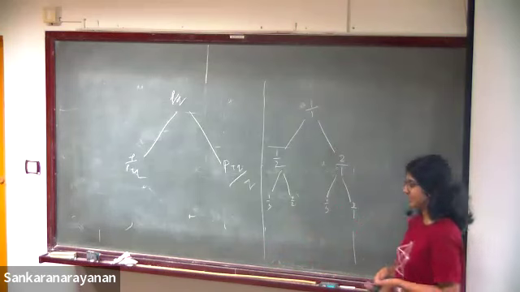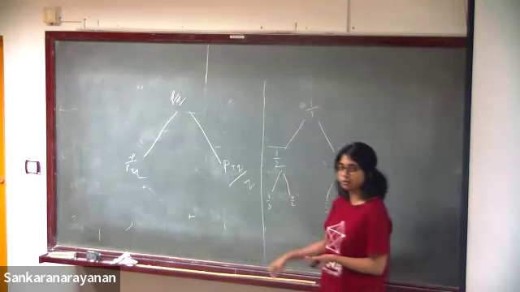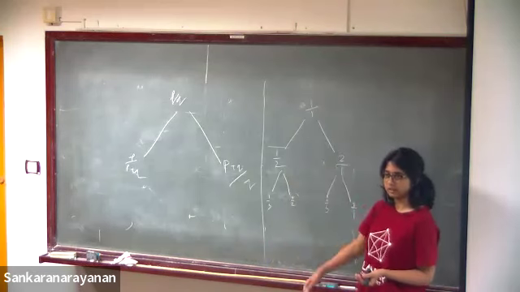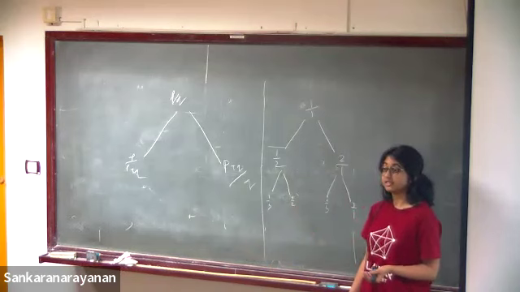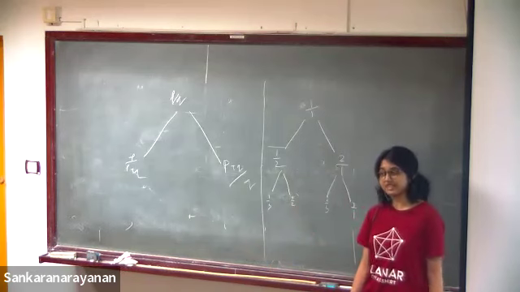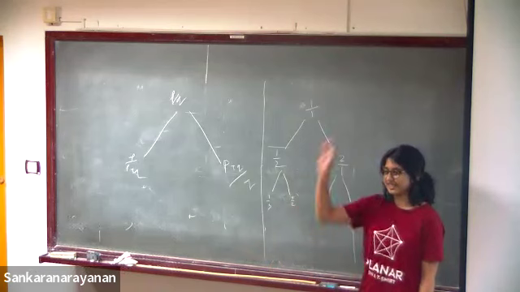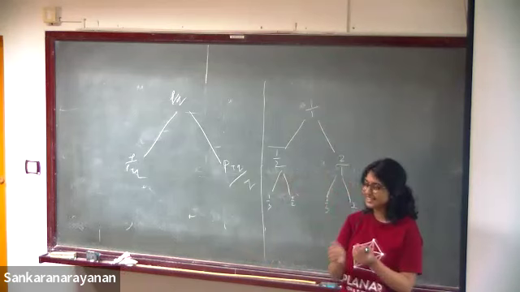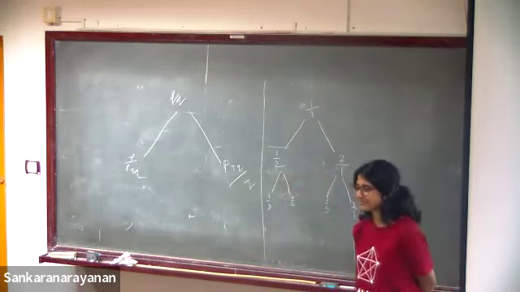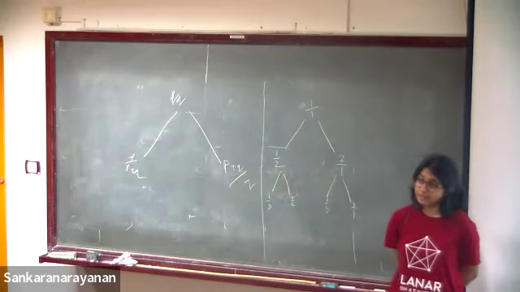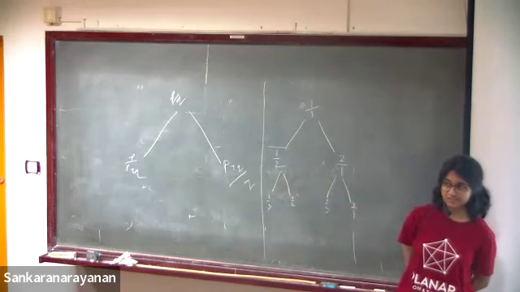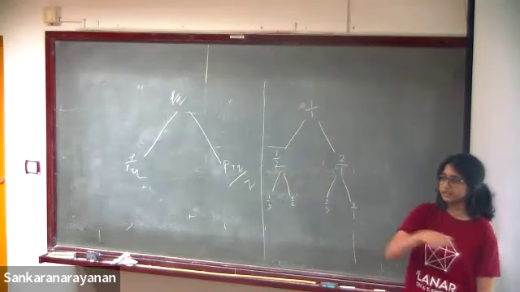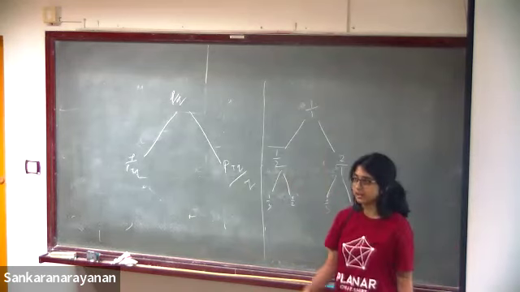Any conjectures? Do you want me to go to another level? Oh, yes, that's such a nice conjecture. That's true. Every rational number will appear once. That's actually very true. We can go and prove this right now.